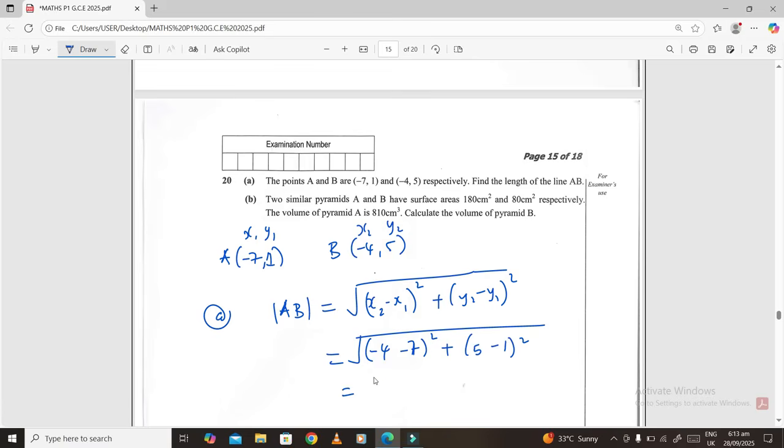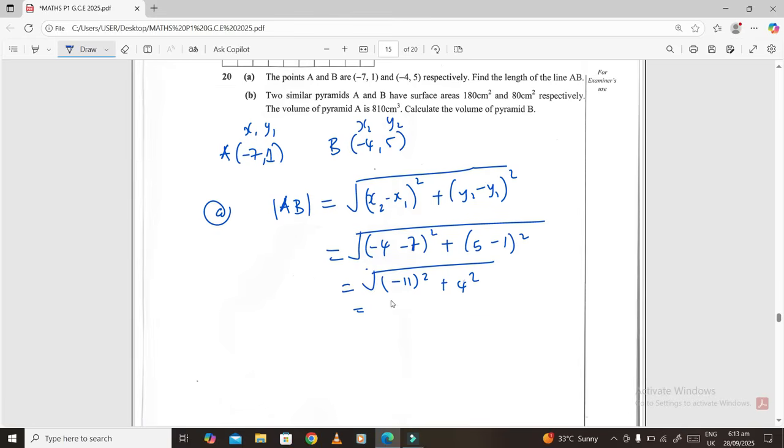So when we work this out, it's giving us negative 11, if I'm not mistaken. Yeah, so 7, 8, 9, 10, 11, negative 11 squared, plus here 4 squared. Negative 11 squared is 121, and 4 squared is 16.